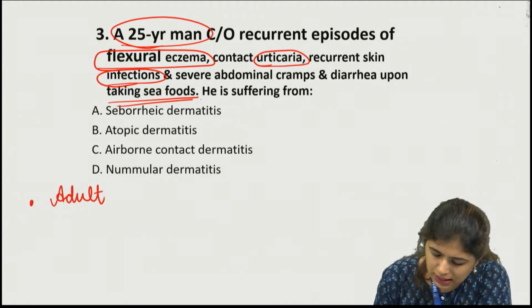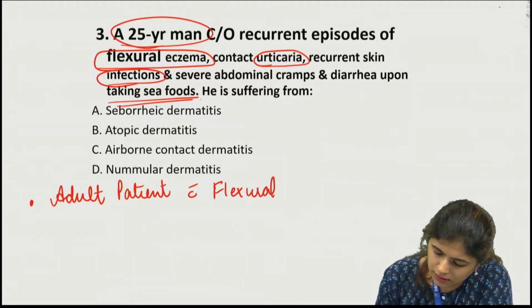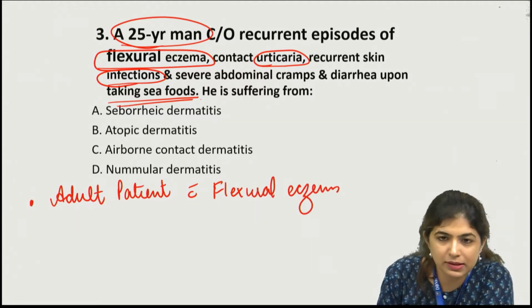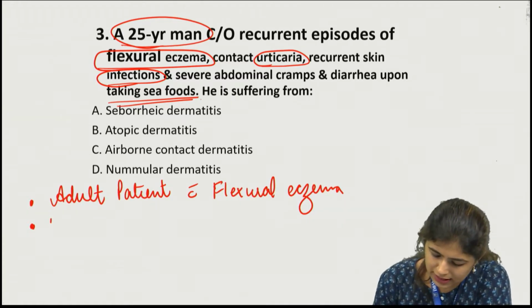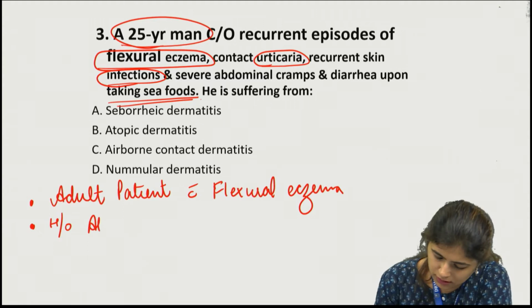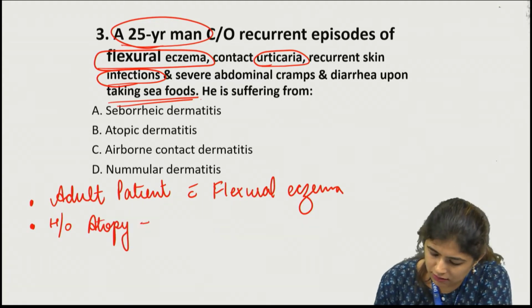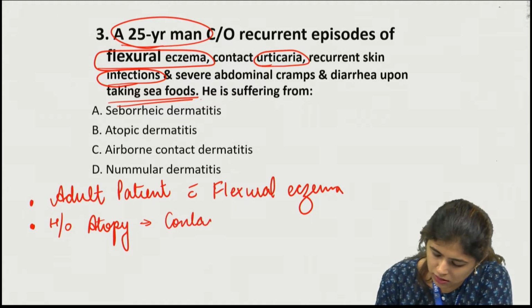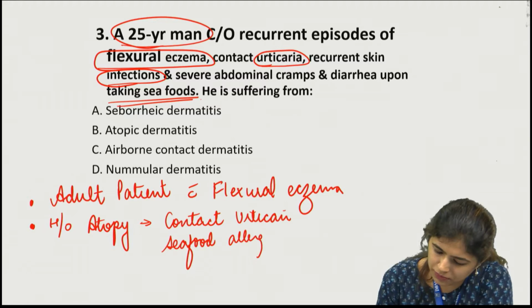This is an adult patient with flexural eczema. This is the primary complaint. Then he has a history of atopy, meaning an allergic tendency, which is your contact urticaria, plus seafood allergy.